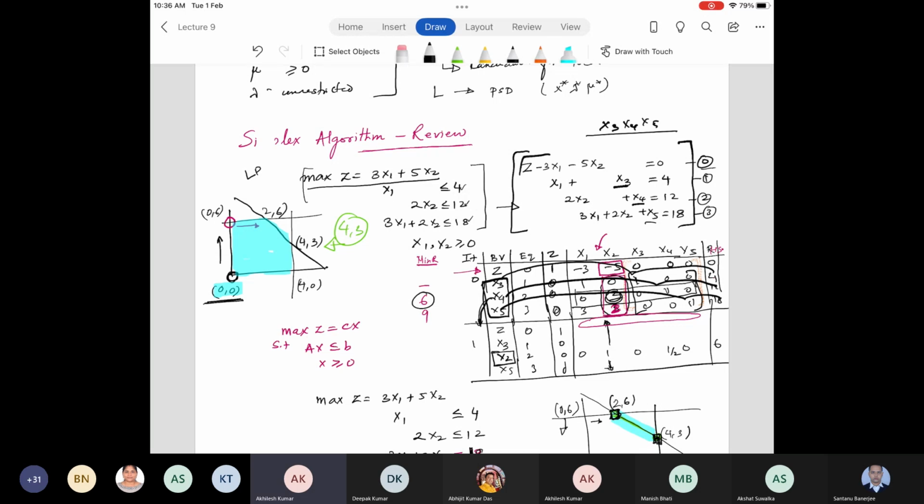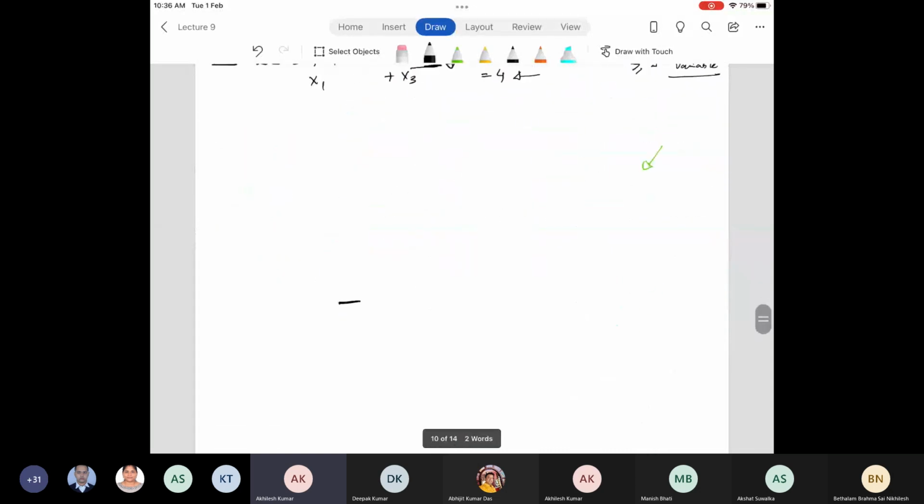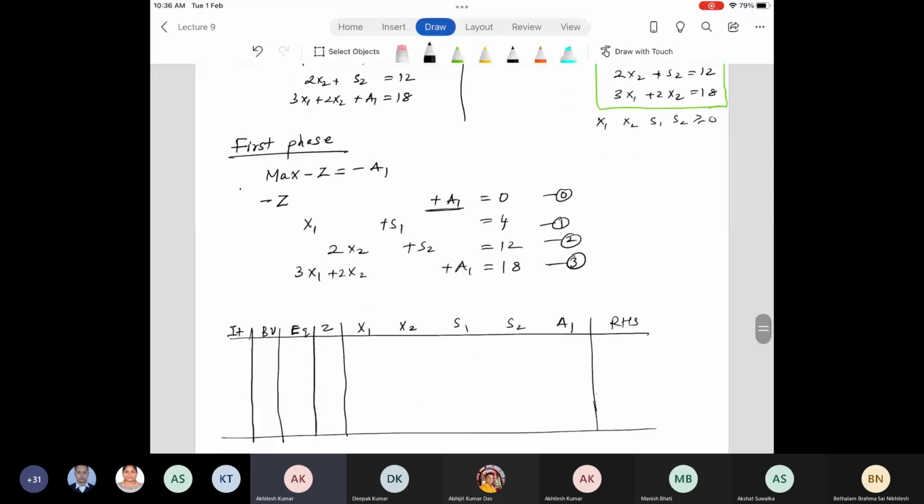Are they appearing in the zeroth equation? No, sir. If they appear, it will not be in the proper Gaussian elimination form because some numbers will be there in the zeroth equation. So we need to remove the basic variable from here, because this is my basic variable for equation number 3, the artificial variable. How can we remove it?